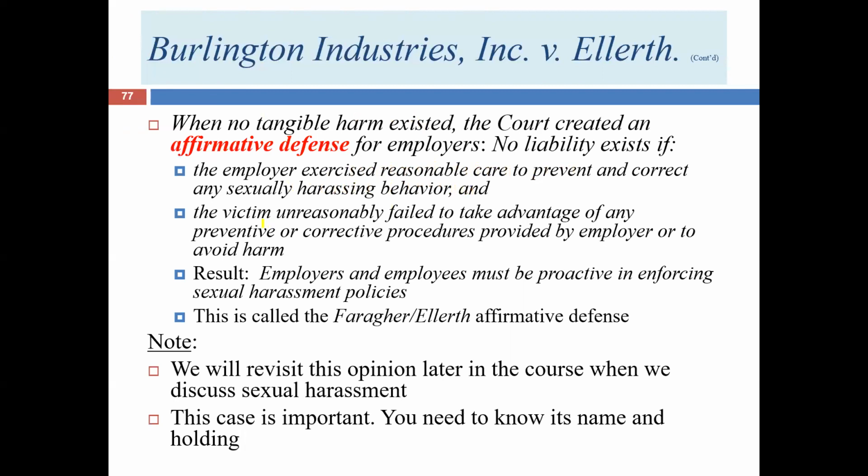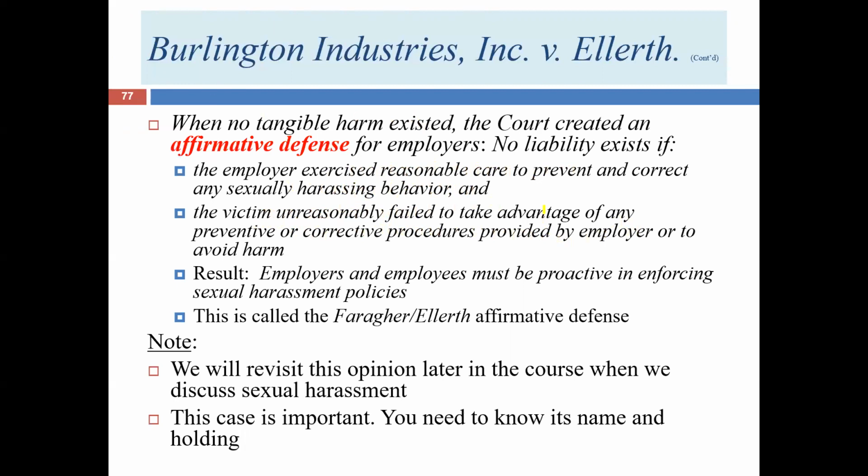And the victim unreasonably, so here we're talking about the same term, so now they are doing stuff that was silly, that was not under the circumstances what a reasonable person, what your average ordinary person would have said was a smart idea. The victim unreasonably failed to take advantage of any preventive or corrective procedures provided by the employer to prevent harm.